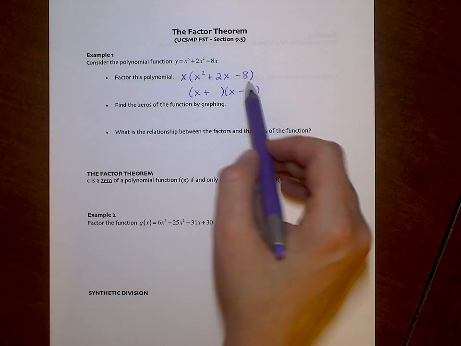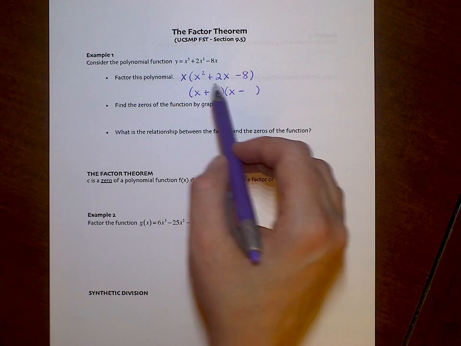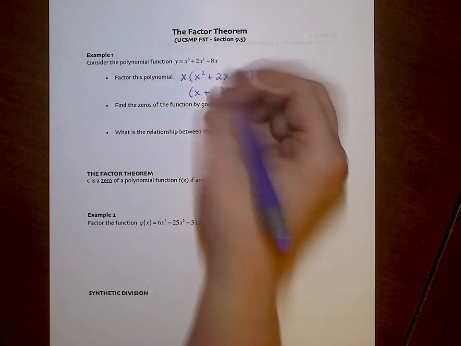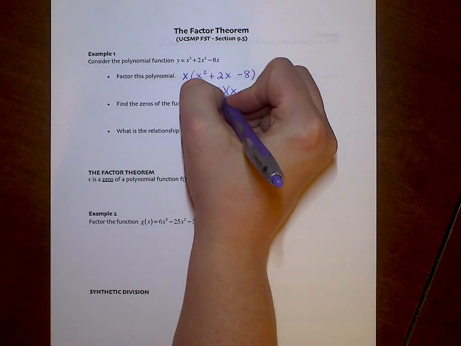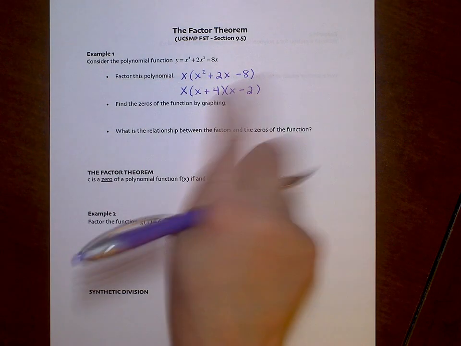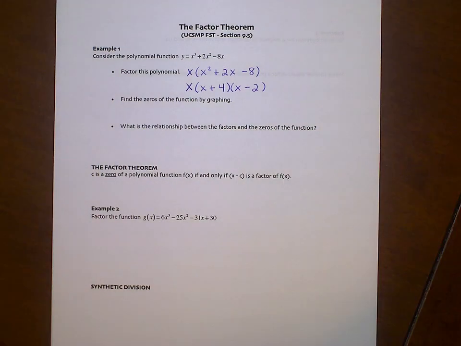And I need numbers that multiply to -8 but add to +2. So if I use a 4 and a 2, that should work for me. I just want to set them up so that this 2 comes out to be positive. So I'm going to do a +4 and a -2, and then also bring down my GCF of x. So this is what this polynomial would look like in its factored form.